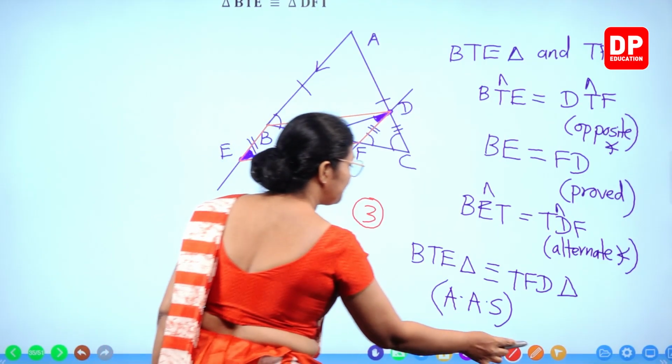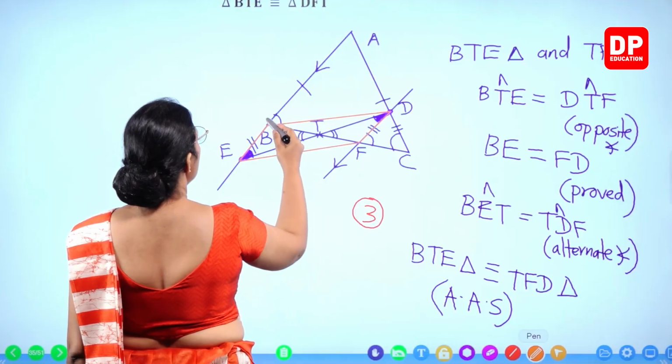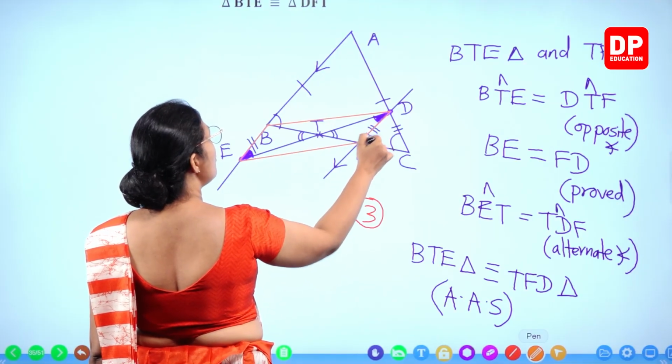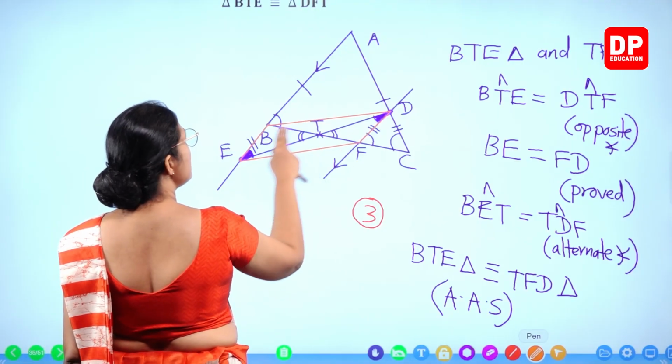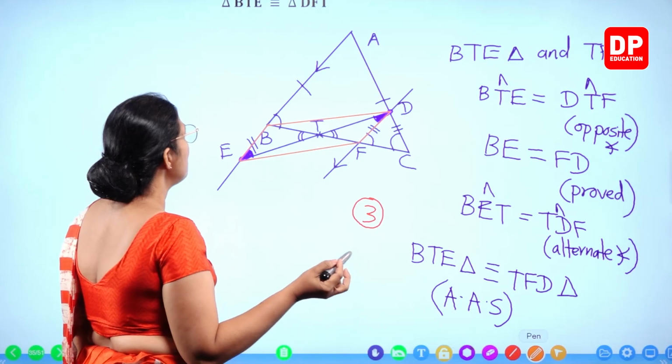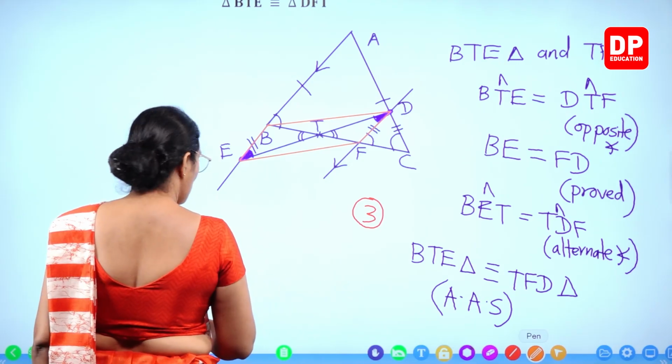Now we know here BE is parallel to FD and these are equal. One pair of opposite sides equal and parallel, it's a parallelogram. So that's what you have to write.